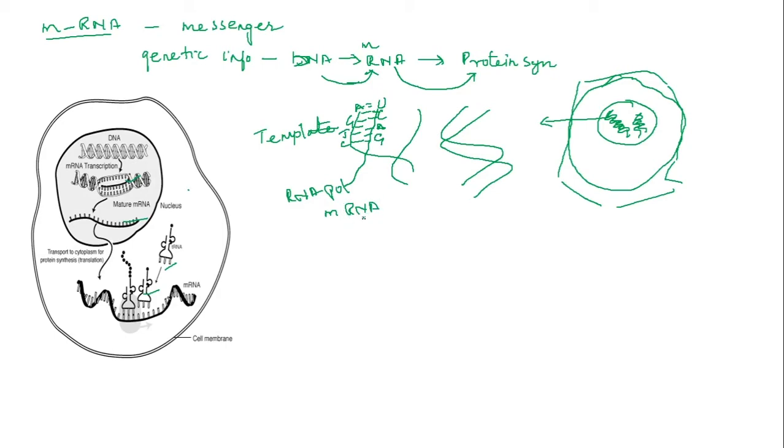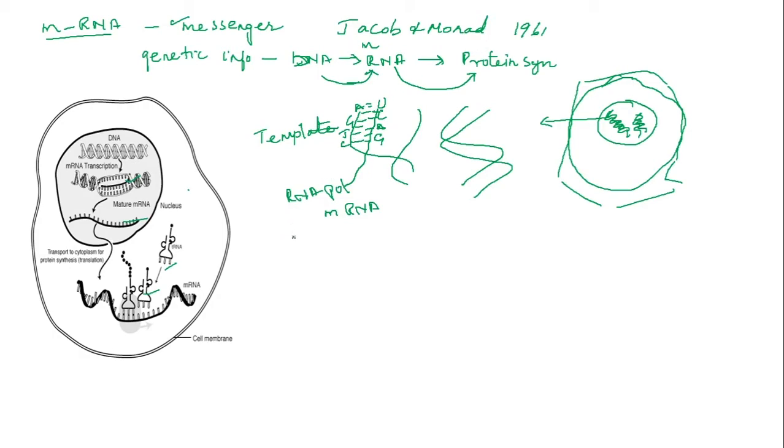Because it carries information from the DNA for protein synthesis, this is called the messenger RNA. And this name, messenger RNA, was given by Jacob and Monod in the year 1961.